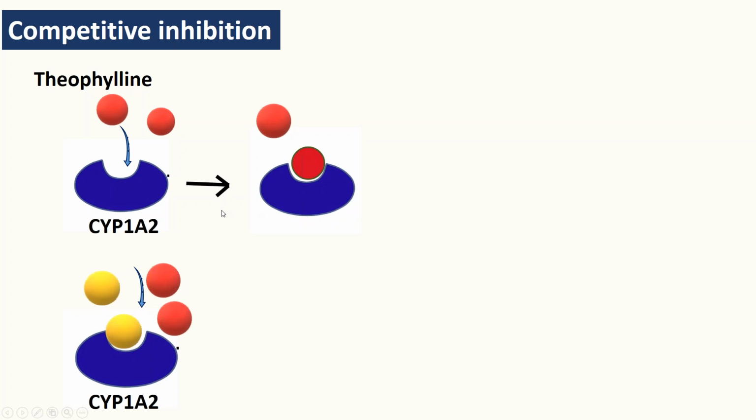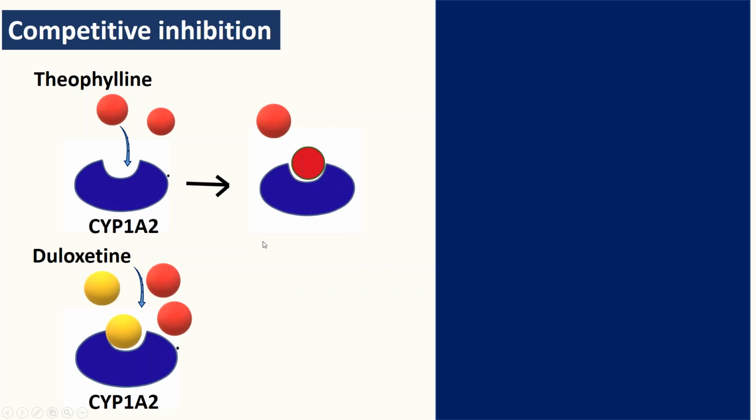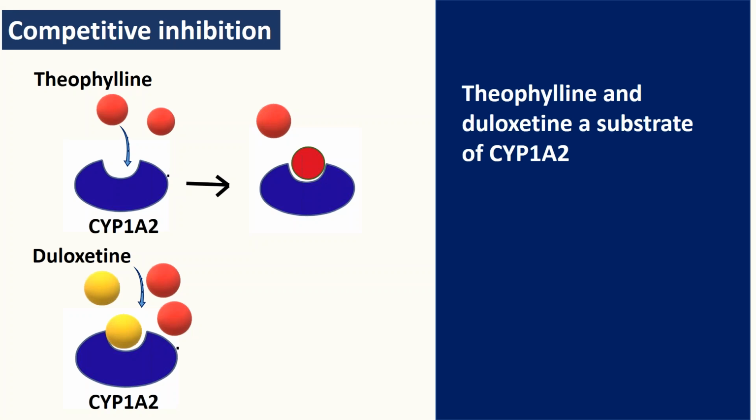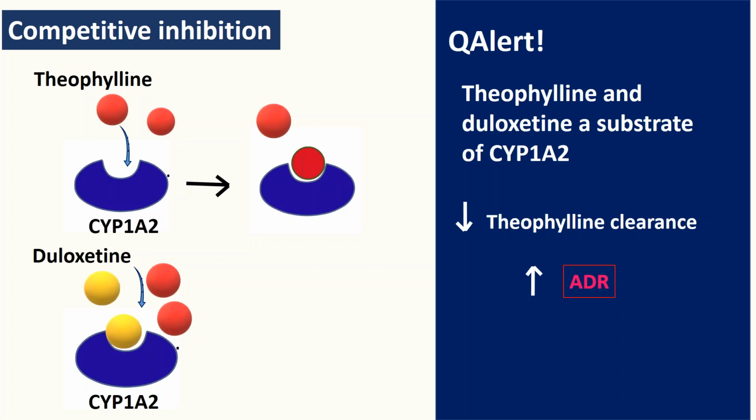However, when used concomitantly with duloxetine, which has a higher affinity to 1A2 compared to theophylline, it displaces the theophylline, and theophylline remains in the blood circulation, leading to decreased clearance. As a result, it increases the adverse drug reactions of theophylline. That's a very potential drug interaction from the combination of theophylline and duloxetine.